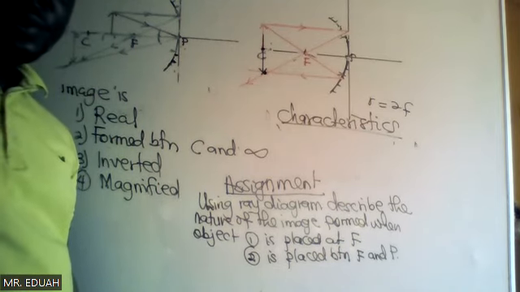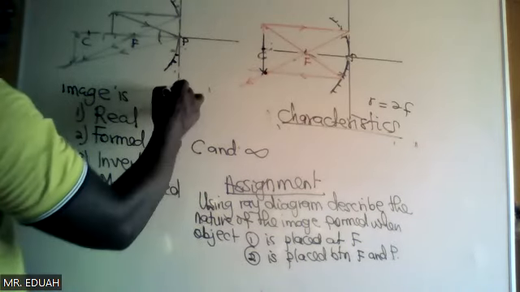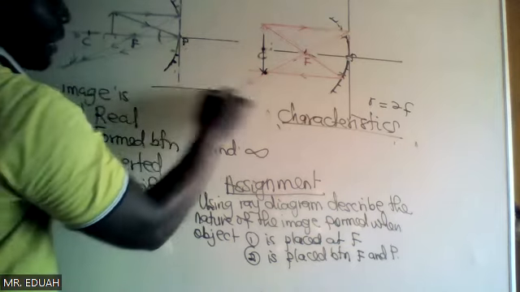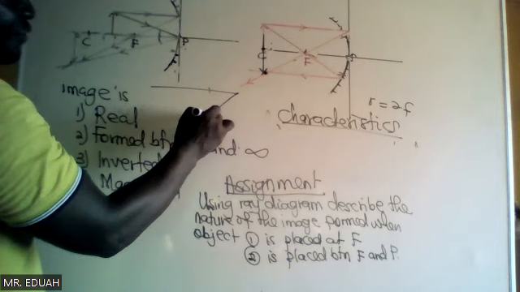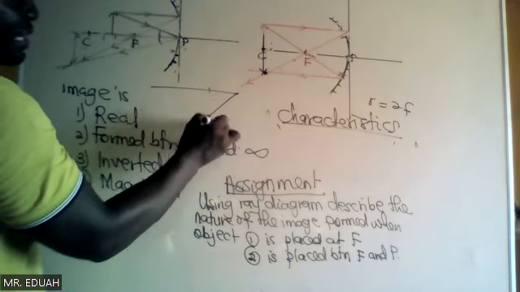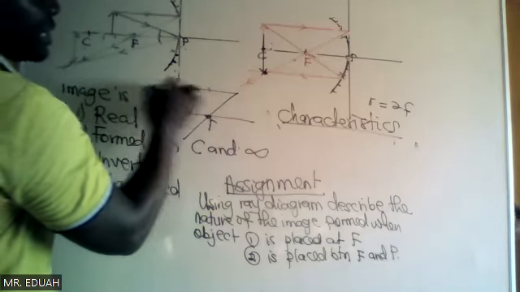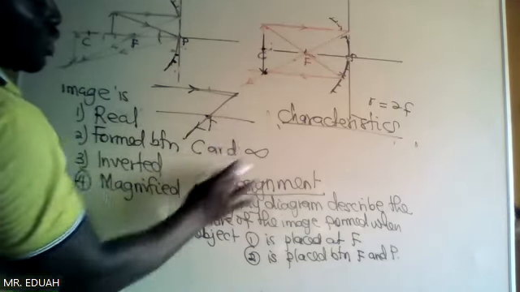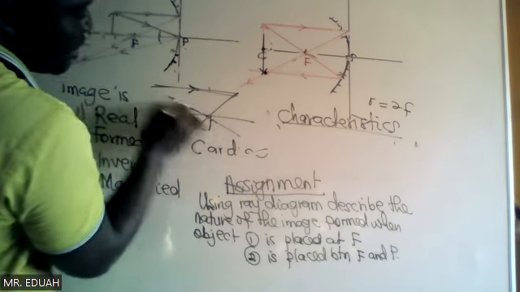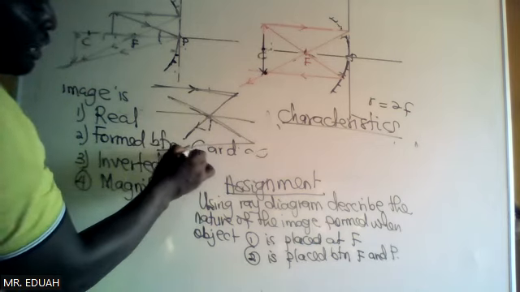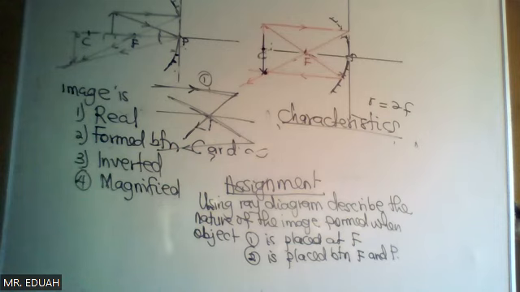She's conversant with when the ray is parallel to the principal axis, after reflection going through F, and also comfortable with when the ray passes through F and after reflection is parallel to the principal axis. Priscilla, is that not the case?